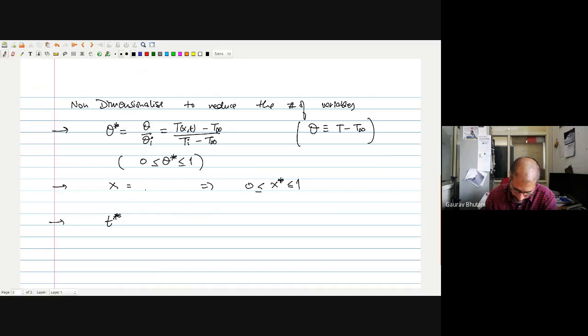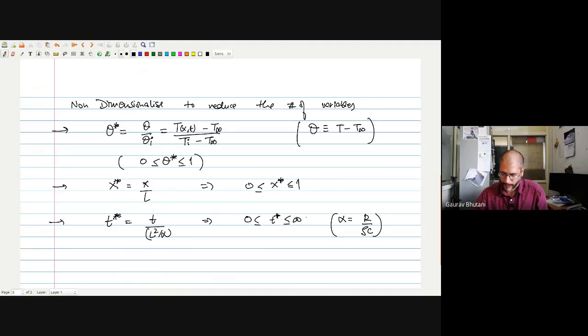Sorry, x star was defined as x upon L, and T star was defined, as I did in the non-dimensionalization last time, as T divided by L square upon alpha, where alpha is the thermal diffusivity defined as K upon rho C. Of course this varies between 0 and infinity.